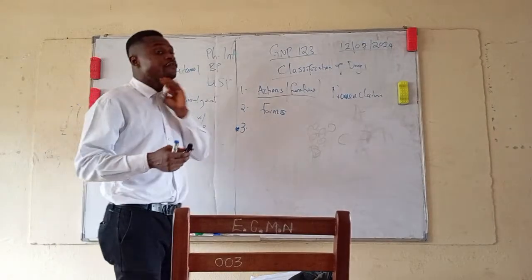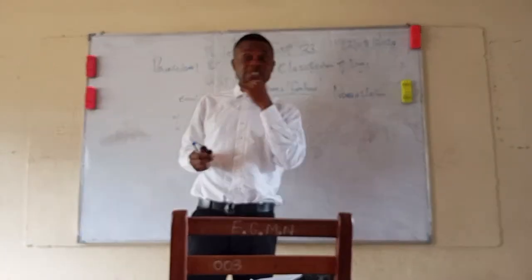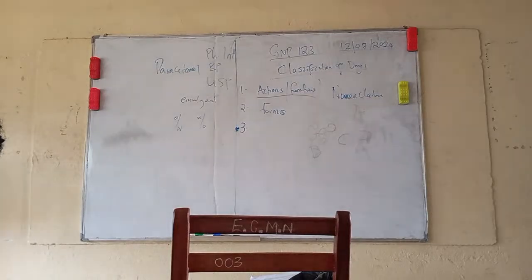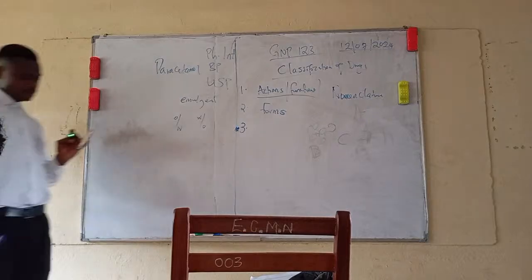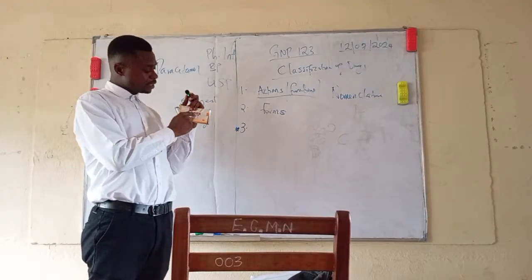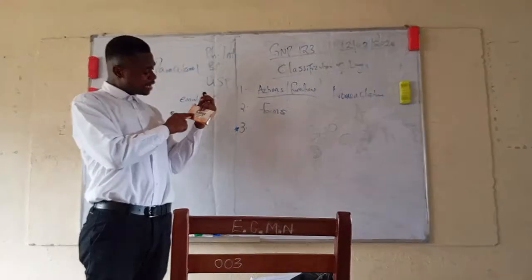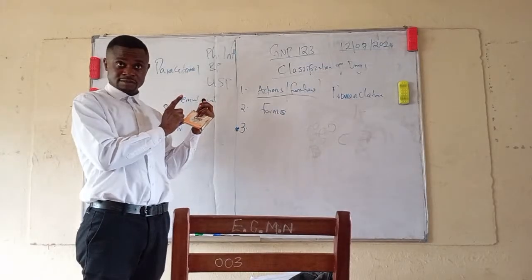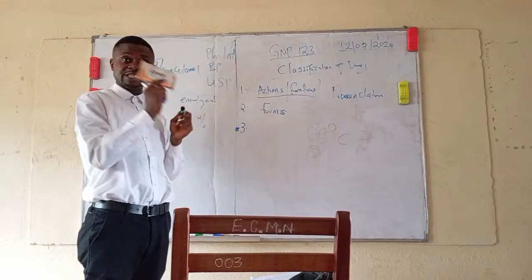So any drug you see, let me see whether this one has any. Look at this one: the brand name is Xenox, right? Xenox is the brand name. The generic name is ciprofloxacin USP. This one is USP.